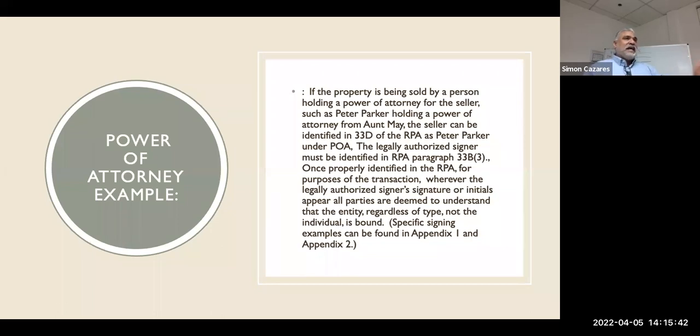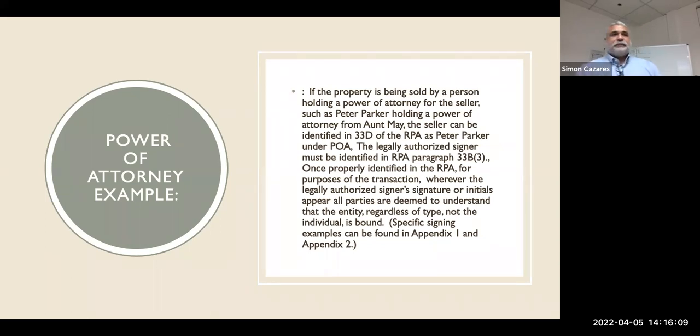You're not going to sign and forge your mom's signature as an example, but you're going to put your name as Max Ride, POA. Okay. And that says to the escrow, that says to title that Max Ride, the power of attorney, is authorized on behalf of maybe Mrs. Wright. Does that make sense?